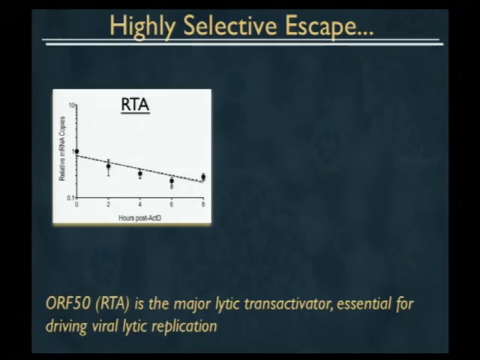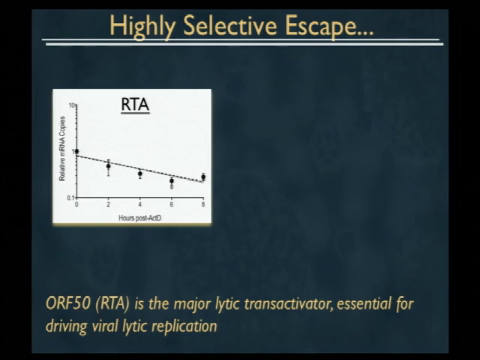And we think that there are some other coding genes that can escape as well, but this is highly selective. So just to give you one example, it turns out the major lytic transactivator called RTA within the virus, which is essential for driving viral lytic replication, is one such escapee.